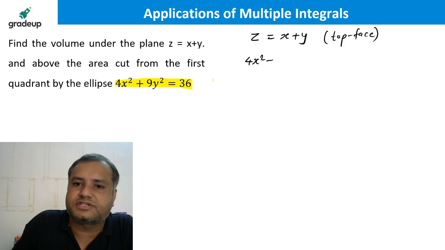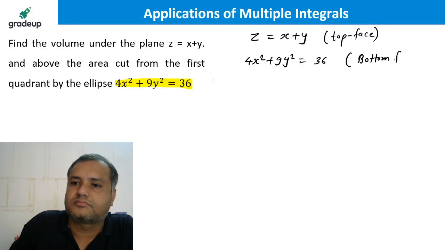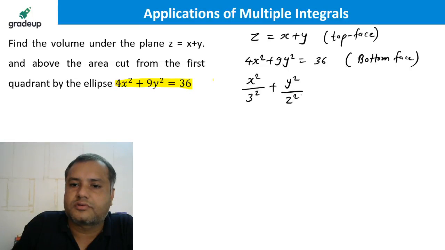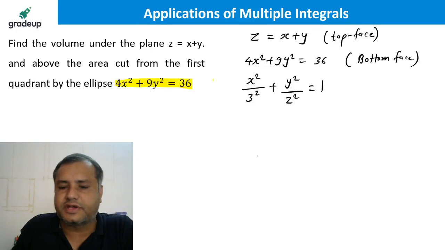So 4x square plus 9y square equal to 36. This is nothing but the bottom face. So divide by 36 both sides. x square by 9, y square by 4. So of course we have an ellipse.